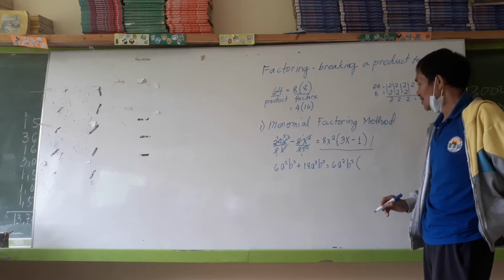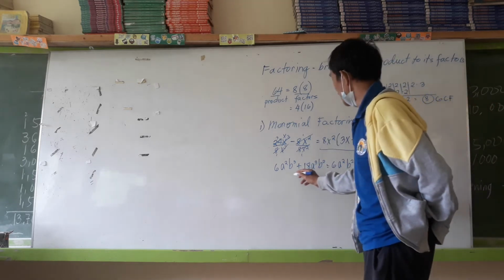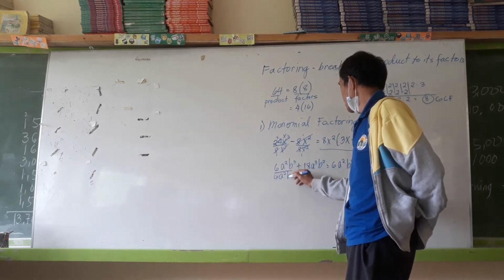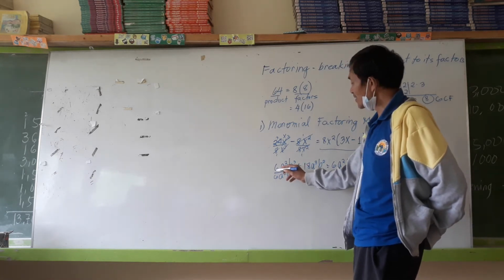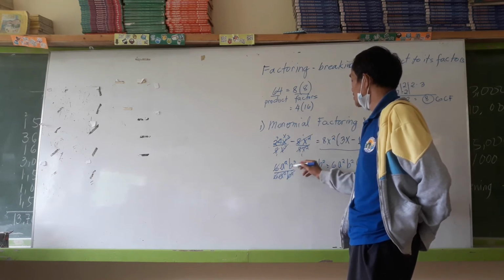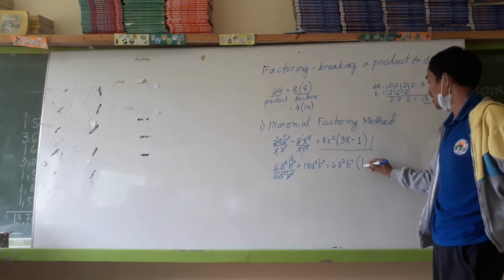Okay? So, you divide each term by this greatest common factor. So, 6a squared b squared. Okay. You will see that this could be cancelled. A squared and a squared. B squared and b cubed. There is one b left.